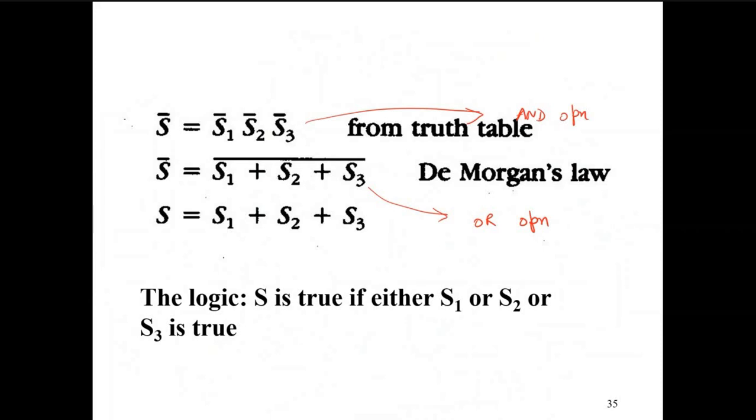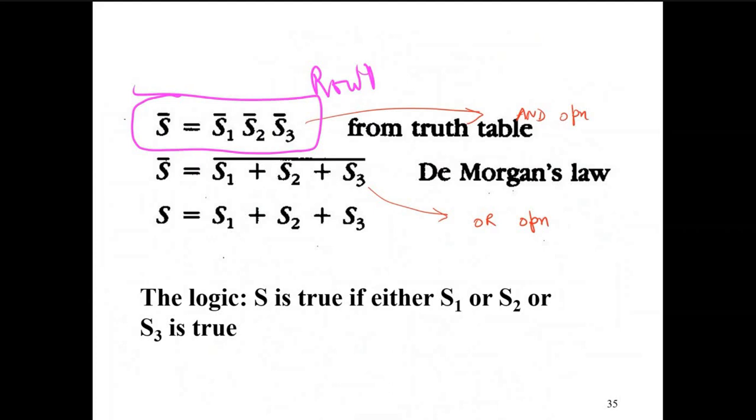Can somebody correct me? S is not true if S1 is it AND or an OR? It's an AND. Not S1, not S2, not S3 is true. That's the equation representing row 1. That's coming straight from the truth table.